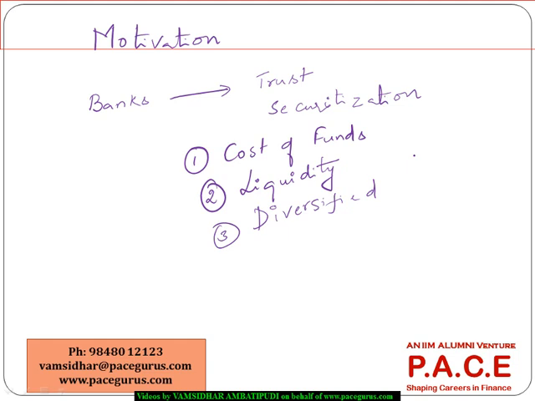So from the creator's perspective as well as from the investor's perspective, there is a lot of demand getting created for structured products, and that's the reason the structured products market is growing by leaps and bounds in the financial space, right?